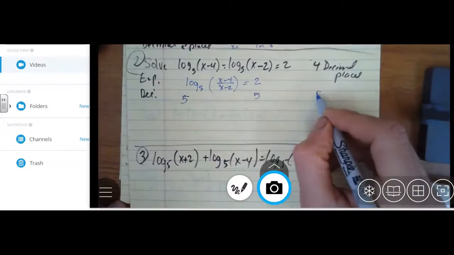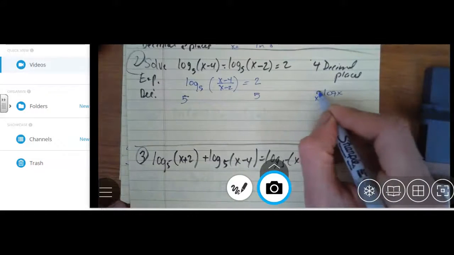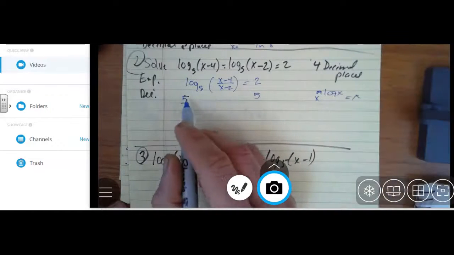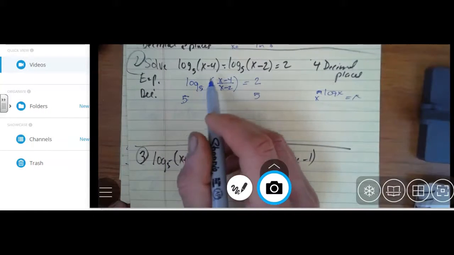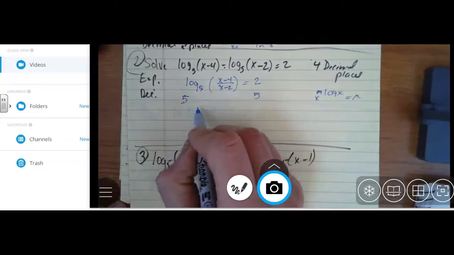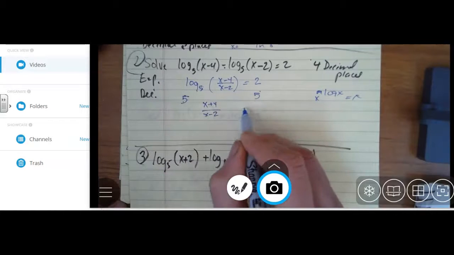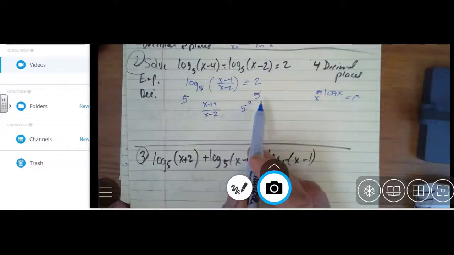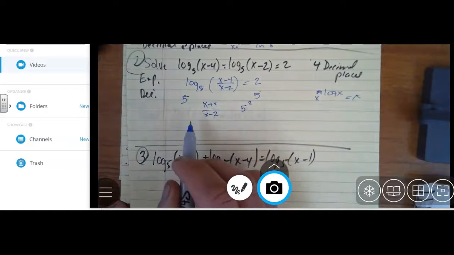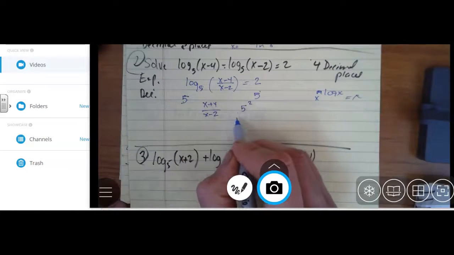So remember the rule: 5 to the log base 5 of x is equal to x. So therefore, I take 5 to both sides here as the base, and we're just going to get plain x minus 4 over x minus 2. But I have to do 5 to the second power over here. So we're using 5 as the base on both sides. Now if we do that, that's going to equal 25.